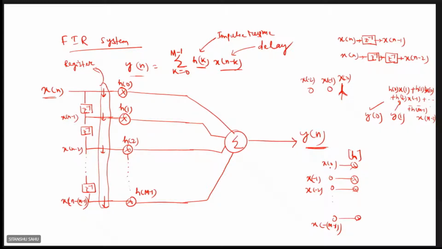What was there in this register in the first value is coming here. It is going to shift, okay, and here it will be just replaced by the current value, x of 1, because this is h of 0. H of 0 is multiplied with x of 1. You see over here, x of 0 multiplied with x of 1, right? So x of 1 is now the current value.